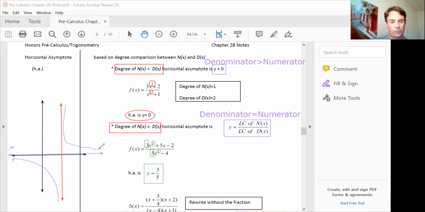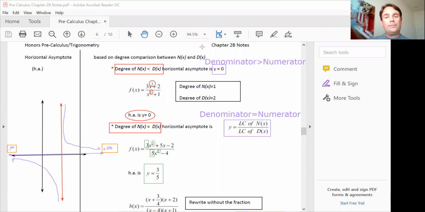The function gets really close to that horizontal line. It never reaches it as I go to positive infinity. Biggest thing to remember on this is it only occurs as you go to negative infinity and as you go to positive infinity, out at the tails. It doesn't occur in the middle.